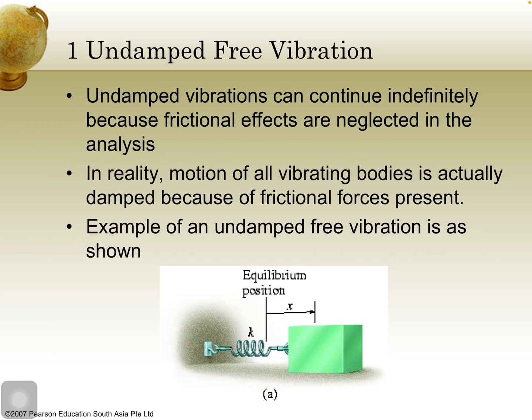If there is no damper and no friction, the system can vibrate eternally. But in reality, the motion of all vibrating bodies is actually damped because of friction, either air friction, surface friction, and so on.